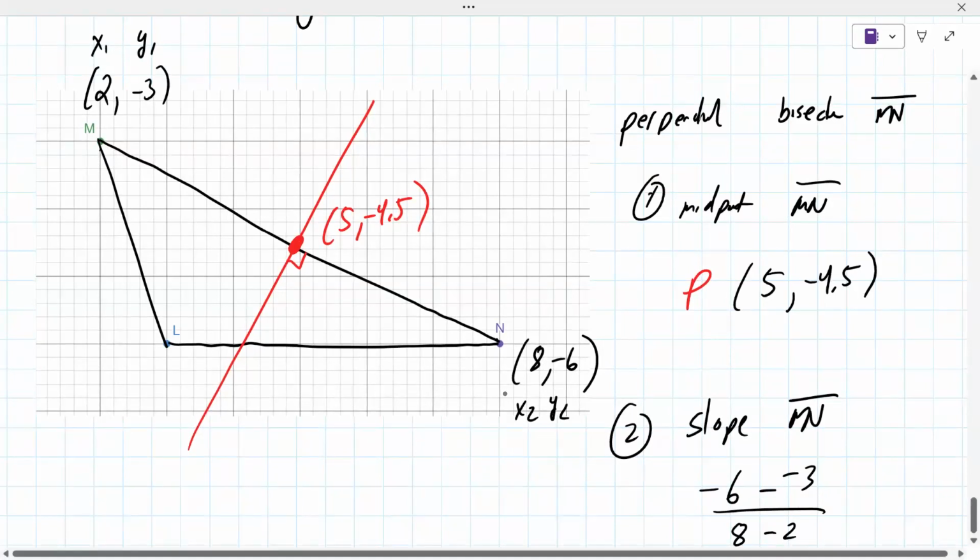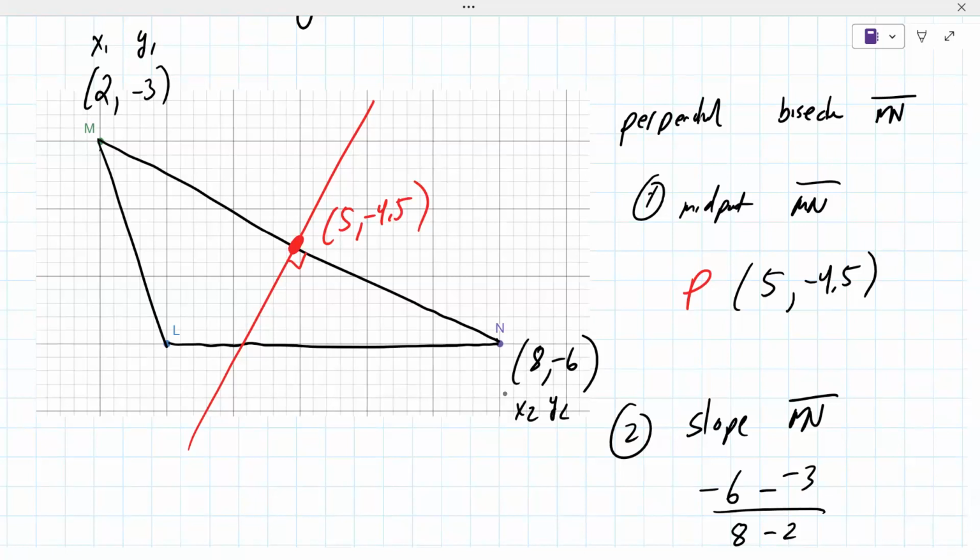So if you don't have that, take another look at that. It does reduce to -3/6. And what does that reduce to? -1/2.